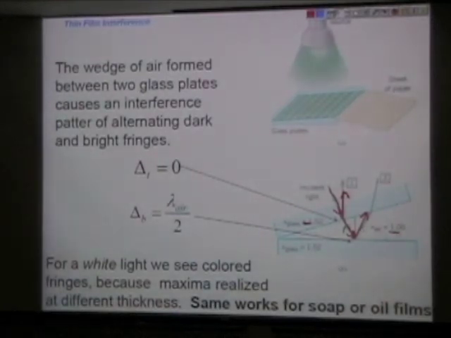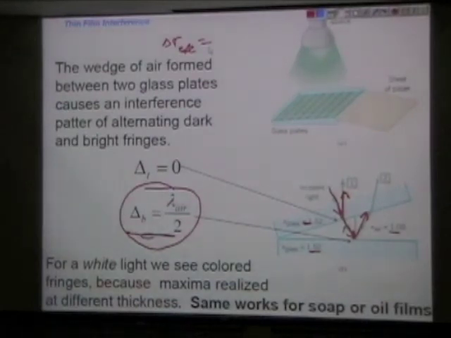Well, again, air, glass. So at the bottom interface, the phase change is happening, which means we're supposed to introduce an additional term into the effective path length difference. So the effective path length difference is now supposed to be equal to thickness down, thickness up, plus, well, 0 minus a half of a wavelength, 2t plus this.